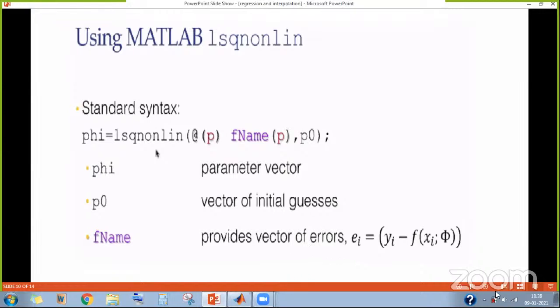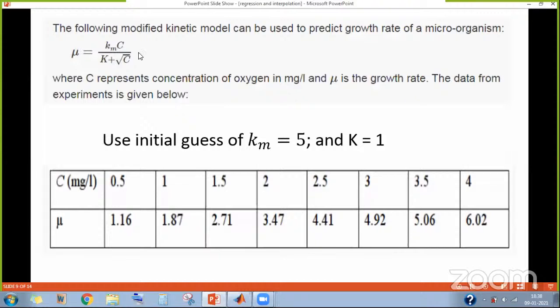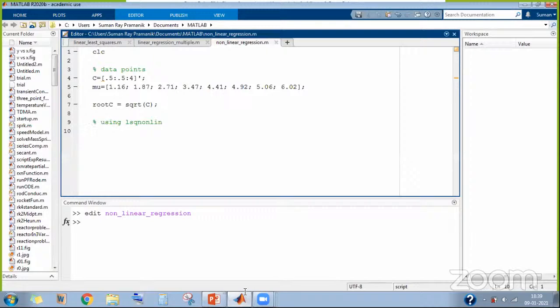That is, the expression should be the error of the model we have. For example, over here our mu equals kmC by K plus root of C. So the error will be mu minus kmC by K plus root of C. So this will be our error, and we have to create a function that will express the error. So at first, we have to create that function.